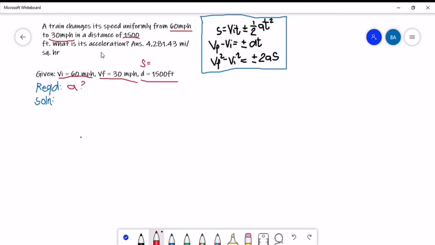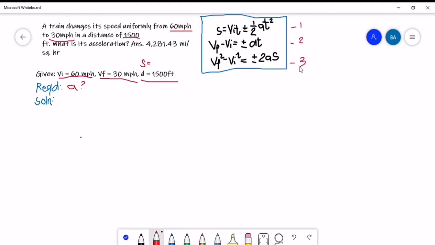Now, in order to solve, since we already know that this is uniformly accelerated motion, because it states here that the speed changes uniformly from 60 miles per hour to 30 miles per hour, what would be the formula that you are going to use? By inspection, I have already stated here the three equations: equation number 1, equation number 2, equation number 3.